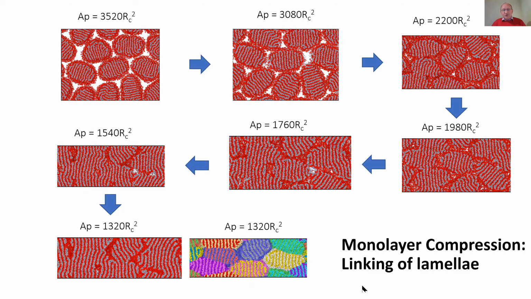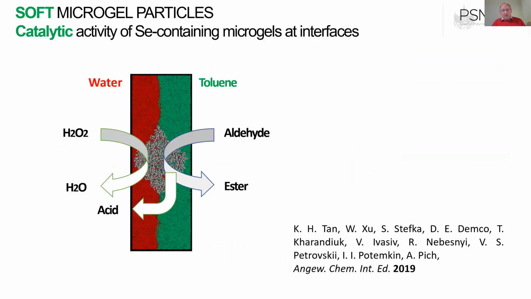And in order to understand how the shape of each individual microgel changes, we colored each particle in a different color, and what we can see is that compression leads to further deformation of the microgels, and they become more and more elongated. How can we use such effects, I mean, the effect of mixing of the two liquids within the microgel?